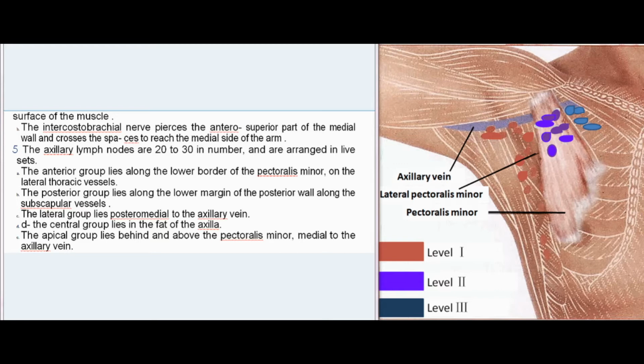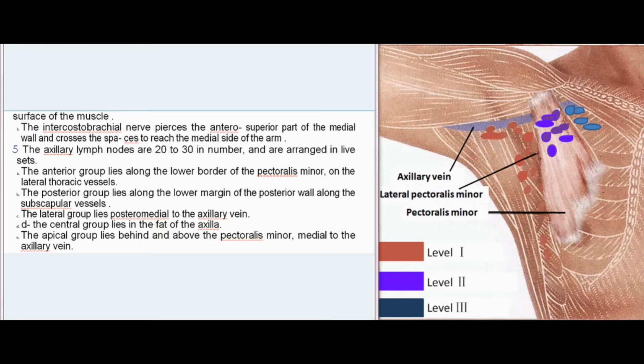The axillary lymph nodes are 20 to 30 in number, and are arranged in five sets. The anterior group lies along the lower border of the pectoralis minor, on the lateral thoracic vessels. The posterior group lies along the lower margin of the posterior wall along the subscapular vessels. The lateral group lies posteromedial to the axillary vein.